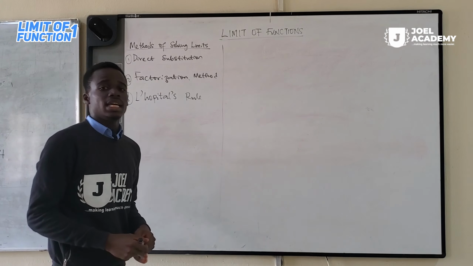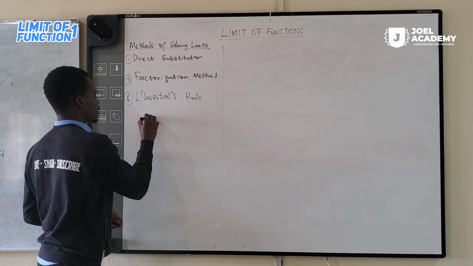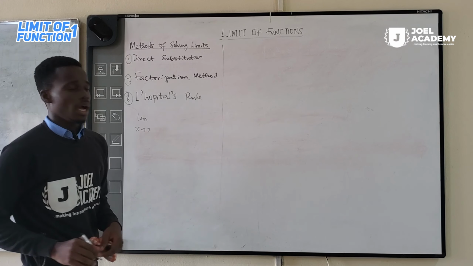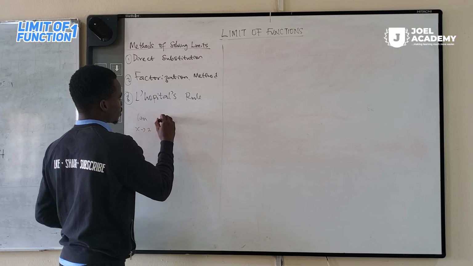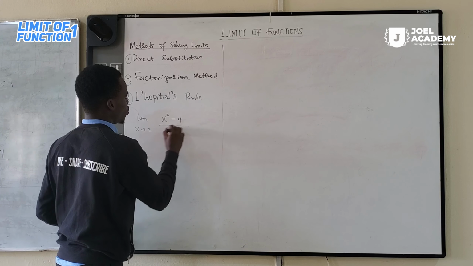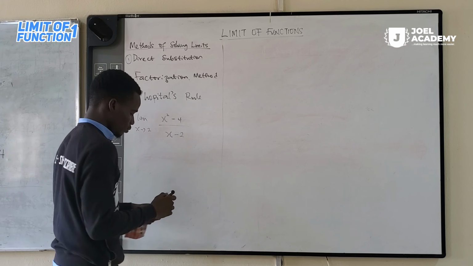Okay, so now let's say we've been given a question: find the limit as x tends to 2 of x squared minus 4 over x minus 2.